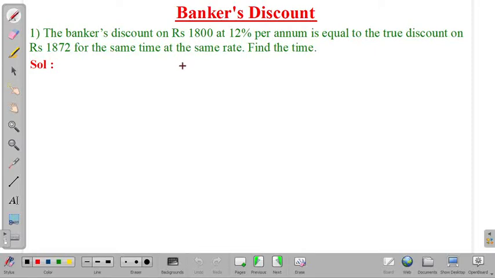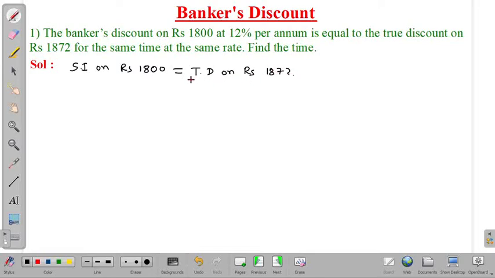So we can say that simple interest on rupees 1800 is equal to true discount on rupees 1872, right?